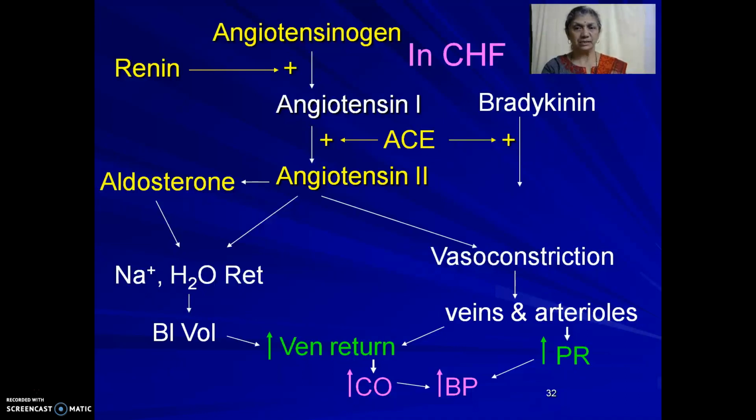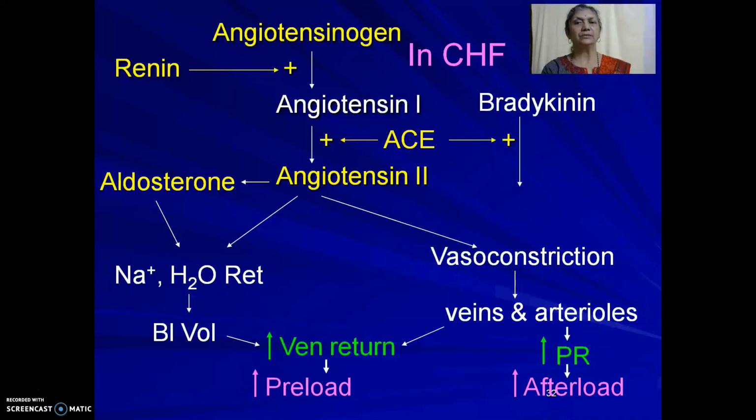In a patient of CHF, what these actions amount to is increased peripheral resistance, increasing the afterload, and increased venous return, increasing the preload. So these actions of angiotensin 2, vasoconstriction, as well as release of aldosterone, are contributing to further increasing the workload of the myocardium.